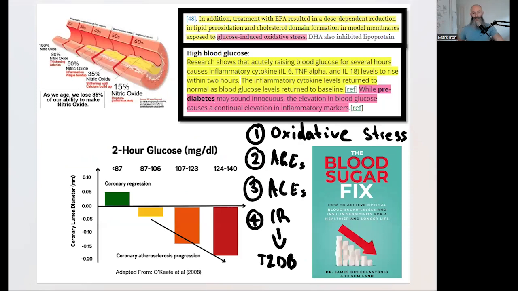So when scientists test oxidized cholesterol, and that's the bad stuff when it's oxidized, they use glucose to induce oxidative stress, because when glucose is too high too long, it glycates proteins, AGEs, and it's very oxidative.